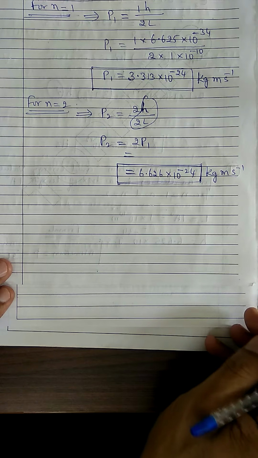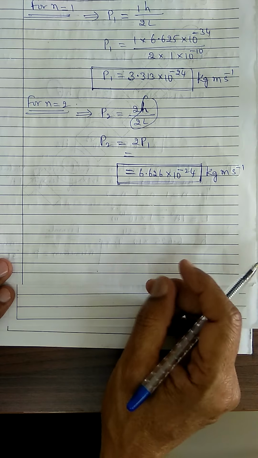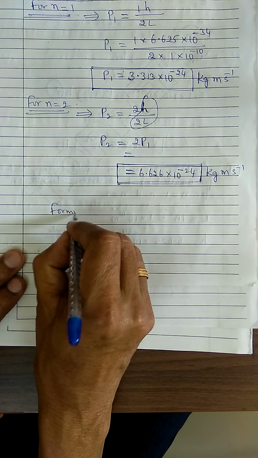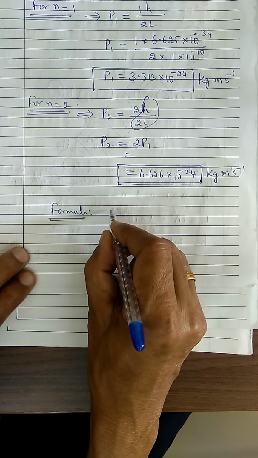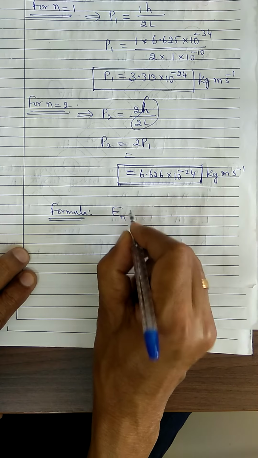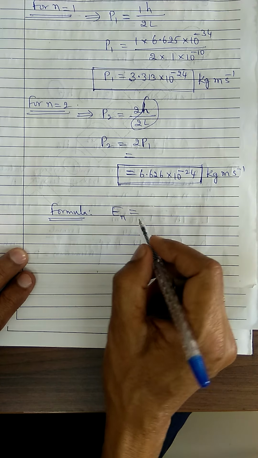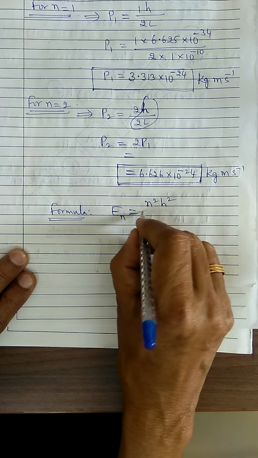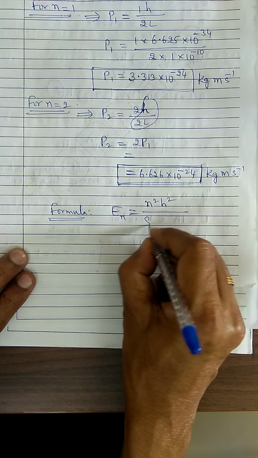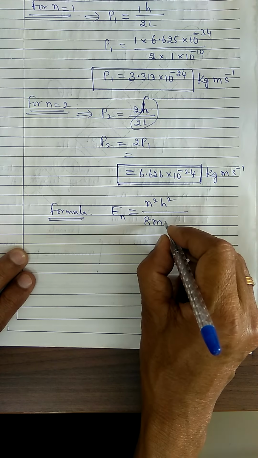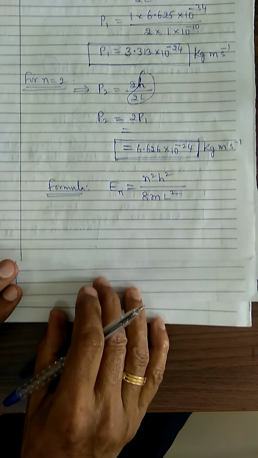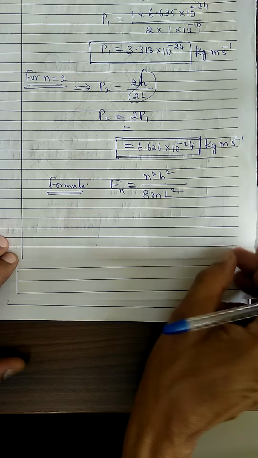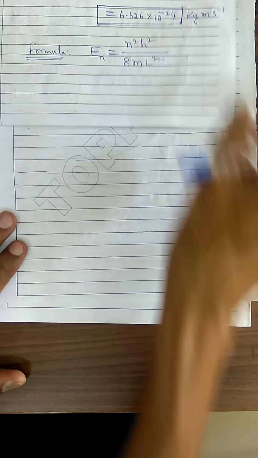Okay, now energy. We want to calculate the energy further. Formula for energy: En is equal to n square h square divided by 8 m L square. This is a constant formula. Substitute in it and get the answer.